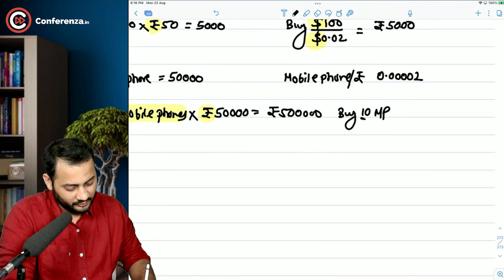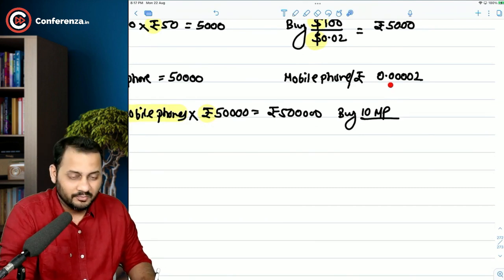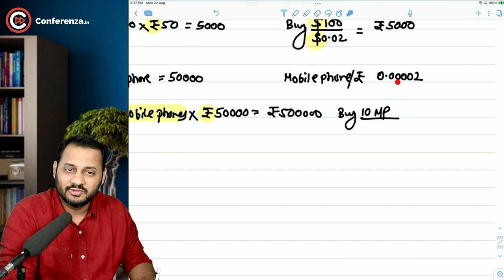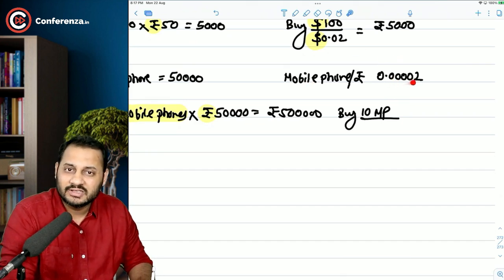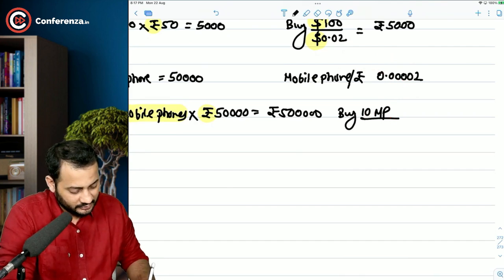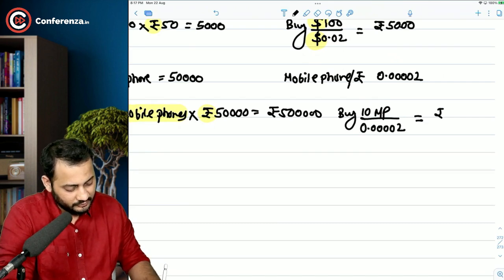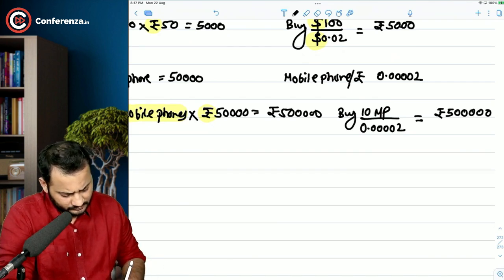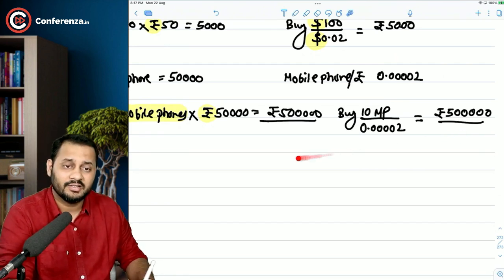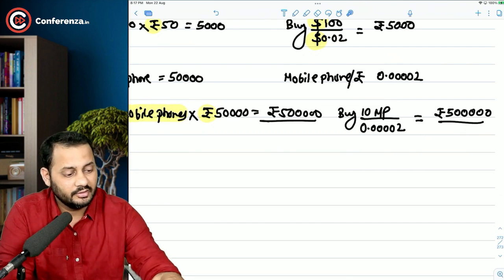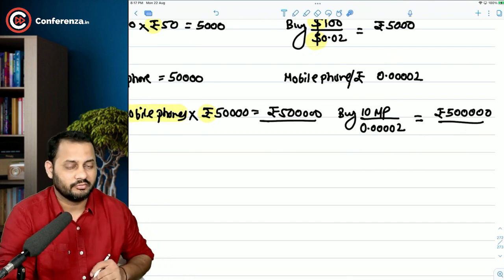You will have to understand that 0.00002 is in mobile phones, so the factor of this number is mobile phone. This is also mobile phone. If both are the same, we will divide it. The answer will be 5 lakh. The final answer will not change, sir. 10 divided by 0.00002, yeah, 5 lakh.